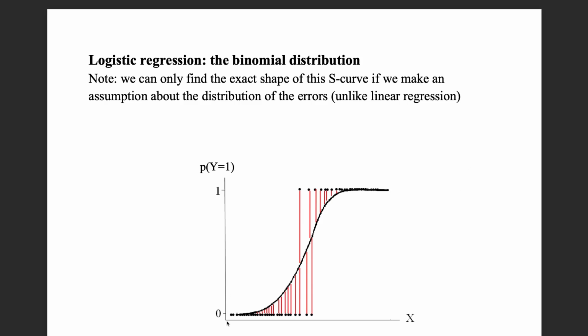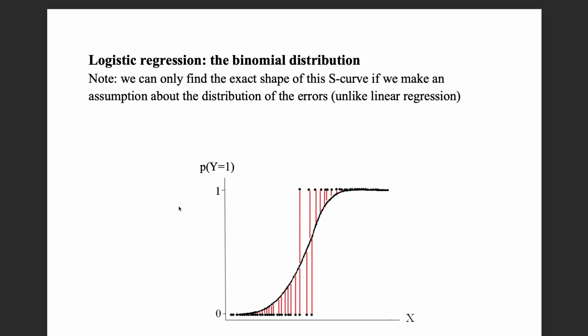So in other words, our regression coefficients describe the shape of this S-curve. But we can only find values that describe this shape appropriately if we make some kind of assumption about what the difference is, for each case, between what we predict and what we observe. That's the only way we can pin down exactly what this S-curve is supposed to look like.